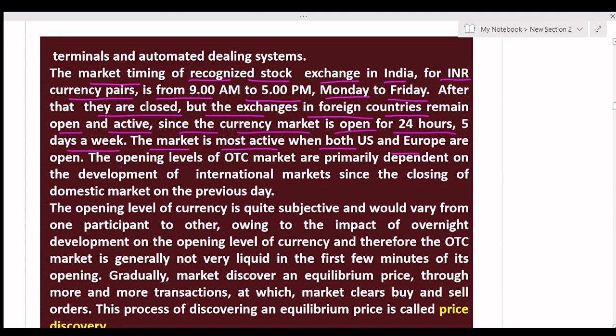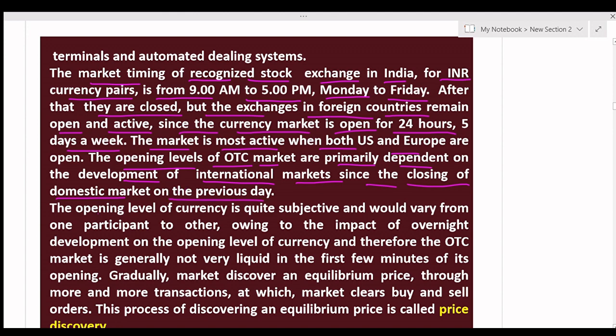The opening levels of the OTC market are primarily dependent on the development of international markets since the closing of the domestic market on the previous day.